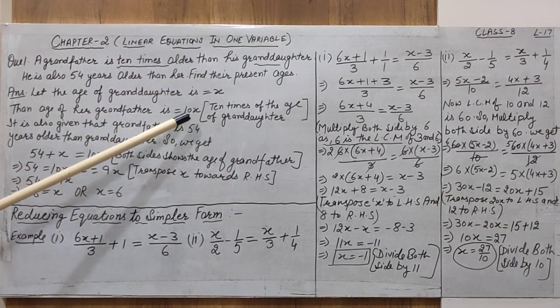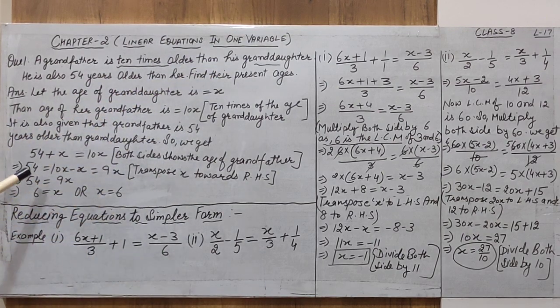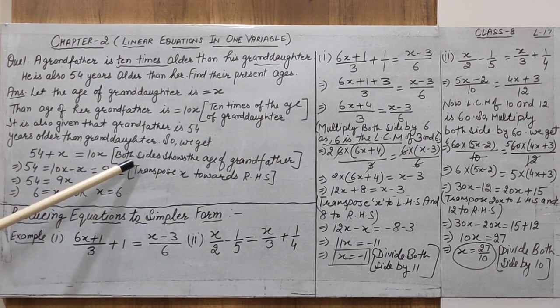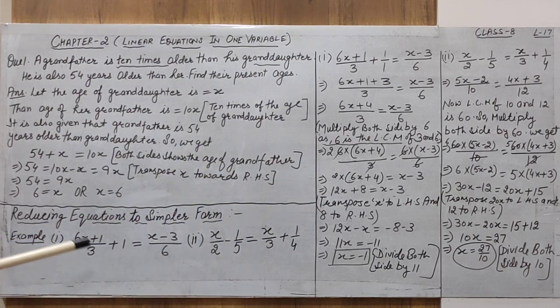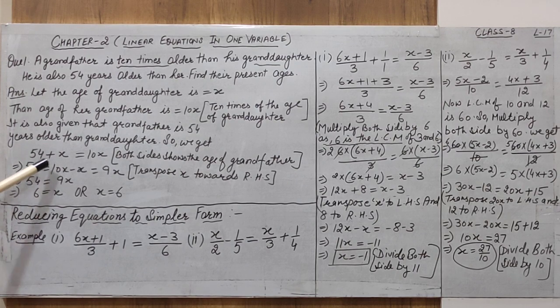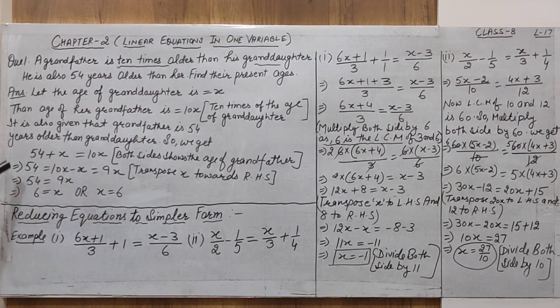One is given in the form of multiplication and the other in the form of addition. Because both sides show the age of grandfather, our equation is 54 plus x is equal to 10x. Both are the ages of the grandfather, because there is one person, so the age is also equal for that person.